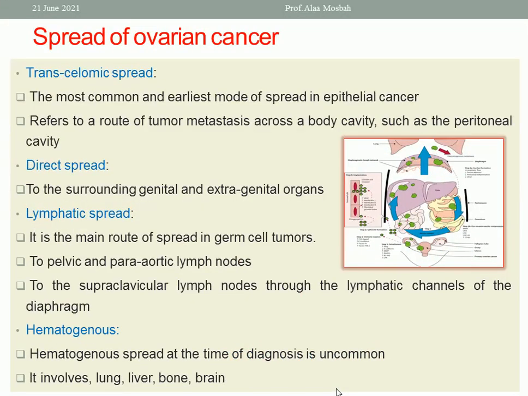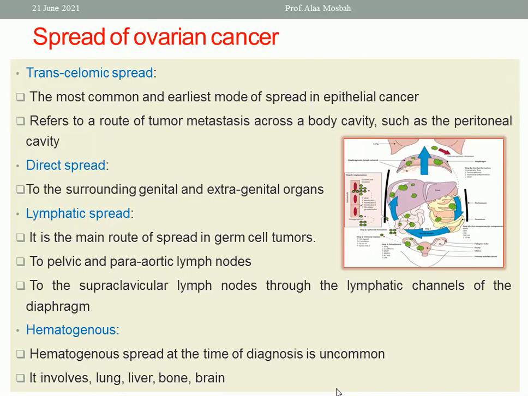What is the method of spread? The commonest method and the earliest method of spread is the transcoelomic spread, which refers to the route of tumor metastasis across the body cavity, such as the peritoneal cavity. This is the commonest and the earliest one. Direct spread to the surrounding genital and extragenital organs is another way of spread.